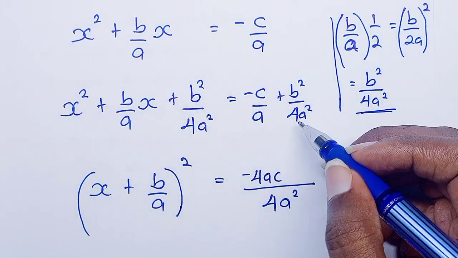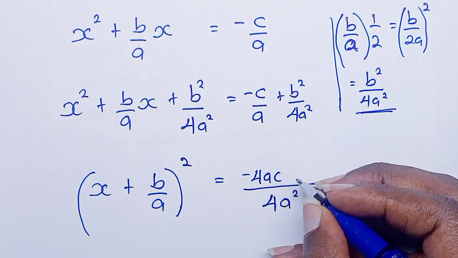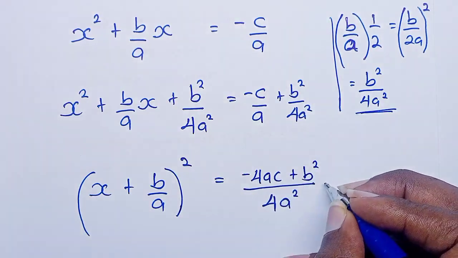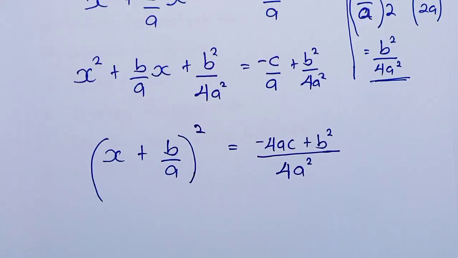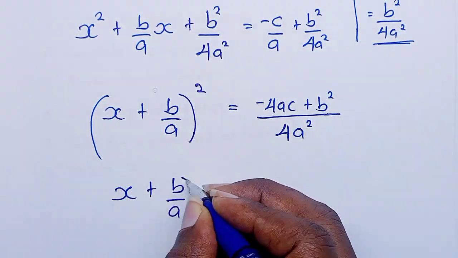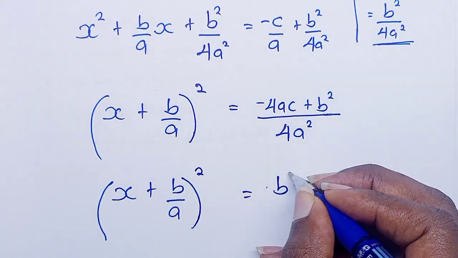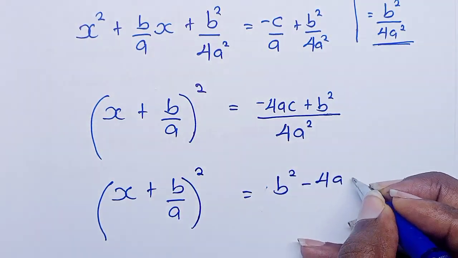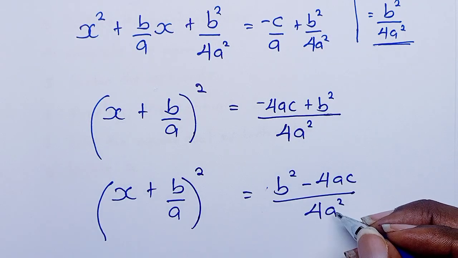Then 4a squared divided by 4a squared is 1, and 1 times b squared gives plus b squared. So we can rearrange this to give us x plus b over a squared being equal to b squared minus 4ac over 4a squared.